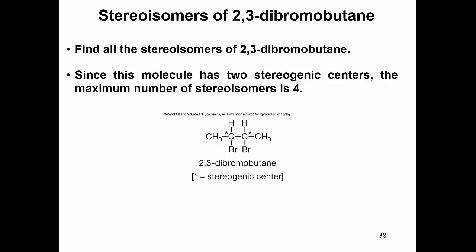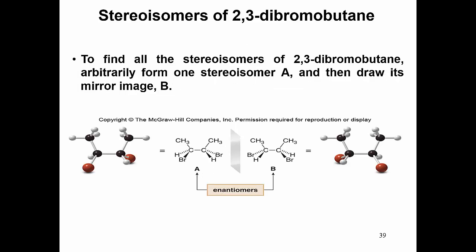It's 2 to the n, where n equals 2 for two stereogenic centers. That means 2 pairs of enantiomers, and we have diastereomer relationships as well.